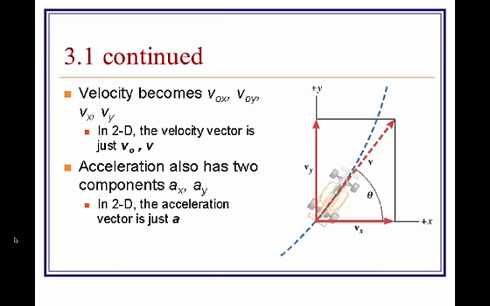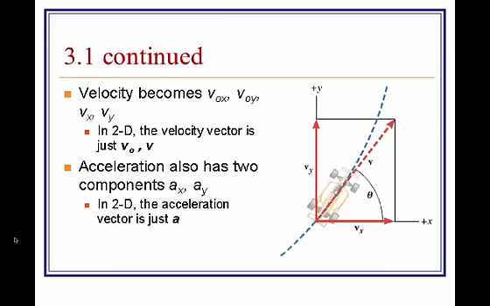Within any initial velocity, there is both an initial x velocity and initial y velocity. This would be v0x and v0y. The same goes for a final velocity. There is still a v final x and v final y.